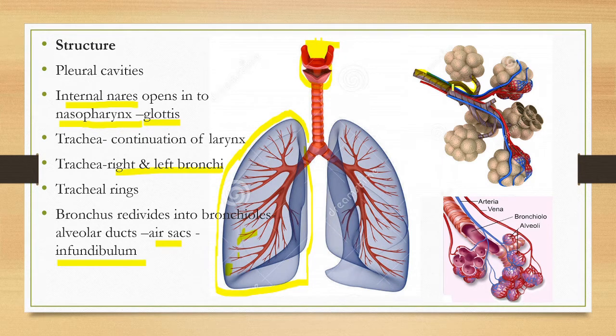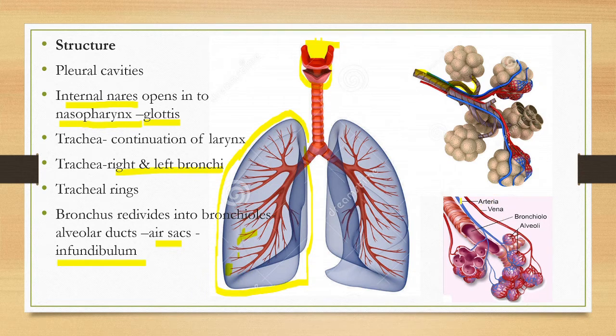So there is a supply of artery and veins. You can see the red color, which is the pulmonary veins, and the blue color, that is called the pulmonary artery. The veins carry the oxygenated blood, while the pulmonary artery carries the impure blood. That's why the color is different.